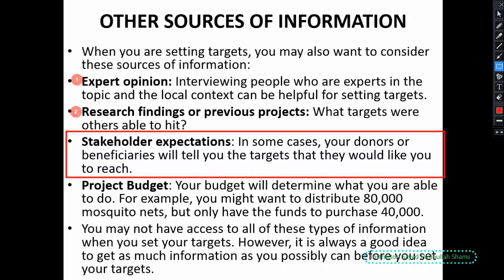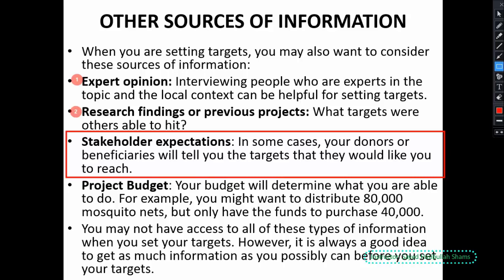So in some cases, donors and beneficiaries will tell you about the targets, and you will not have your own role, and you must work on the stakeholder expectation, especially of donors, that you will reach, for example, 4,000 or 3,000 students to learn in CB classes in 2022, in 2023.